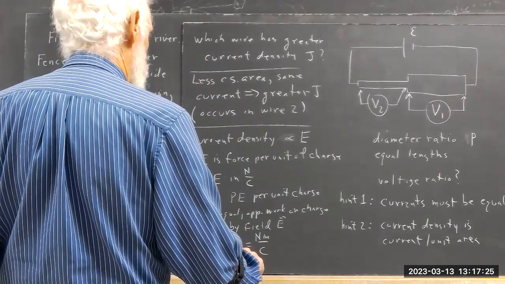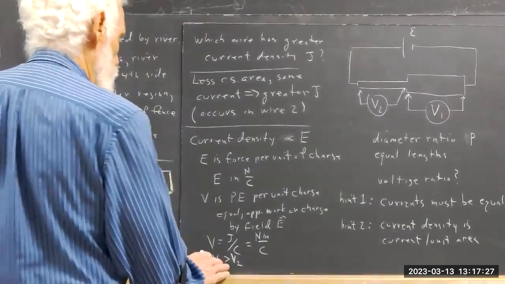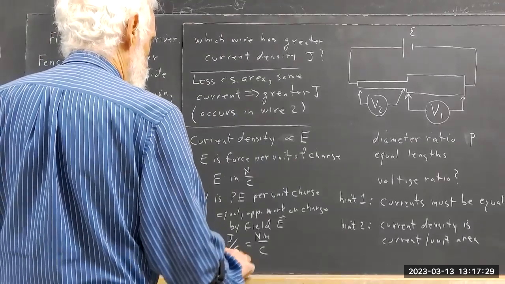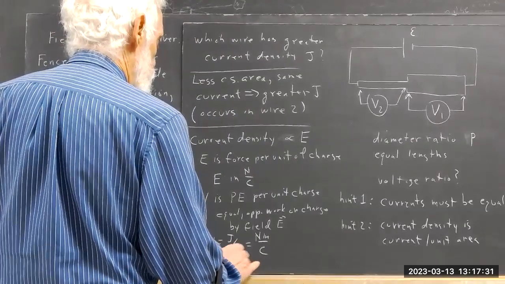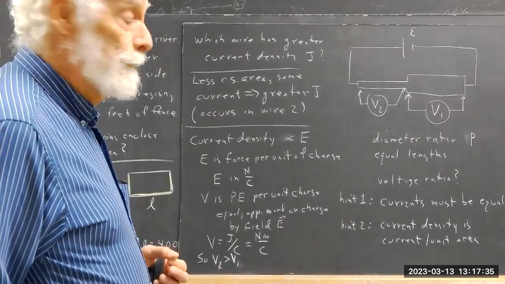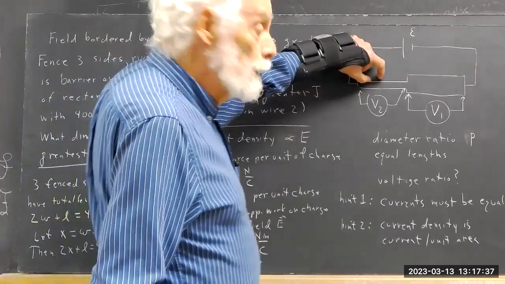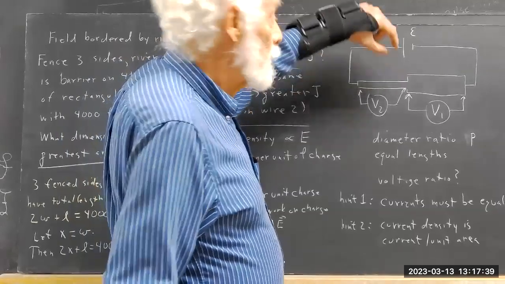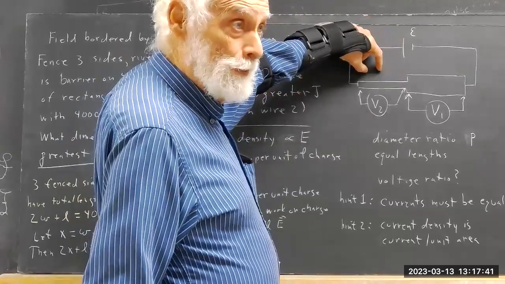That allows us to conclude V2 is greater than V1. Greater current density, greater electric field, same length, greater voltage.